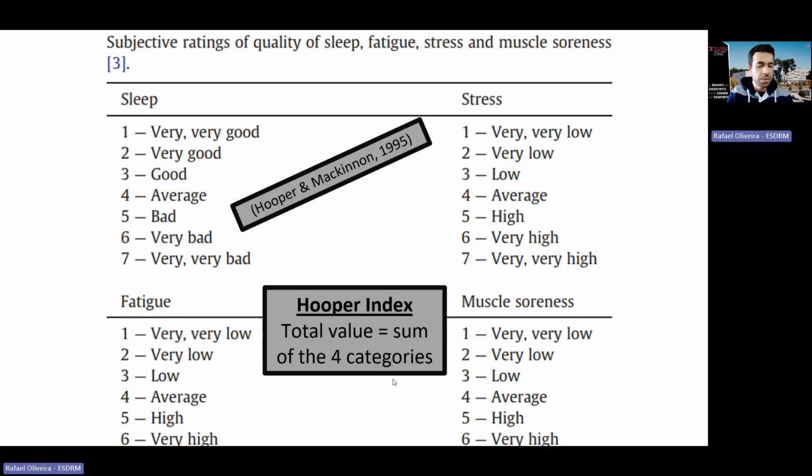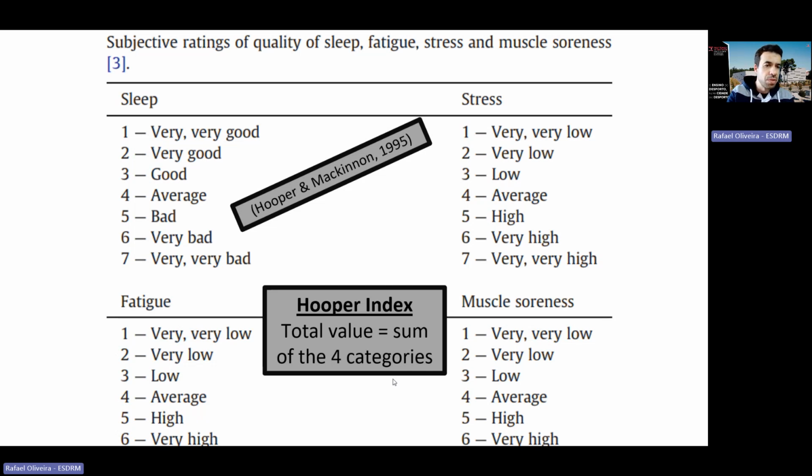However, in my perspective, and considering the large amount of metrics that we can control and collect in football or in soccer, as you prefer, I would suggest considering the Hooper index, which basically allows us to quantify the sleep quality of the night before, the stress, fatigue, and muscle soreness before beginning a new session or a new competition.